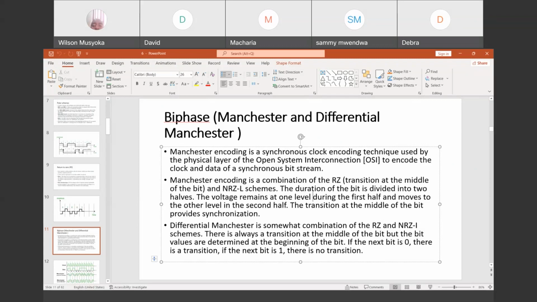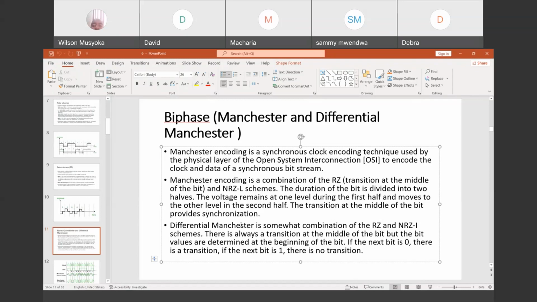The duration of the bit is going to be divided into two halves, and the voltage remains on one level during the first half and moves to the other level in the second half. The transition at the middle of the bit provides the synchronization. Like we have said, that division in the middle of the bit is the one which provides the synchronization aspect.